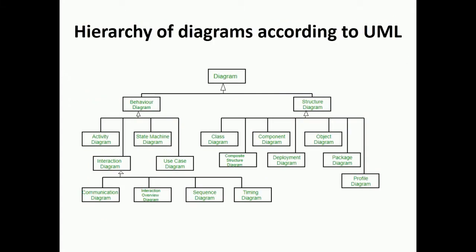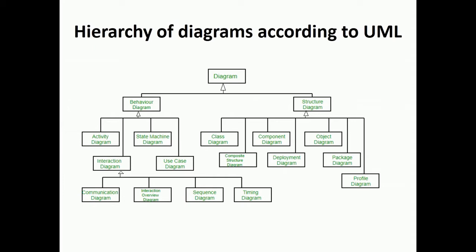And this is the hierarchy of diagrams according to UML. So there are two types of diagram, behavior diagram and structure diagram, as we have discussed in the previous slide. Further, the behavior diagram is divided into four categories: activity diagram, interaction diagram, state machine diagram and the use case diagram.